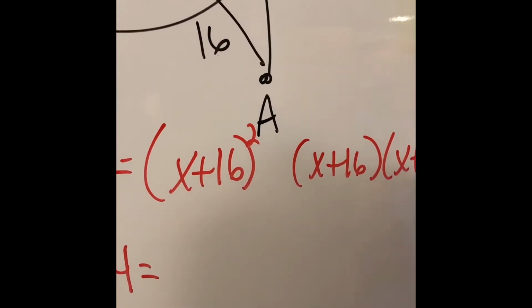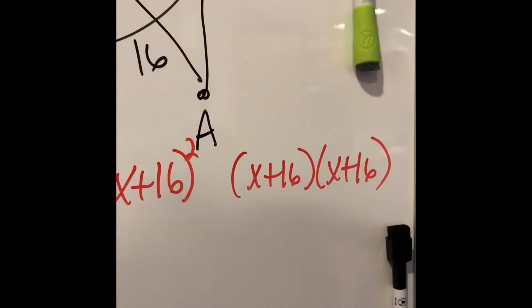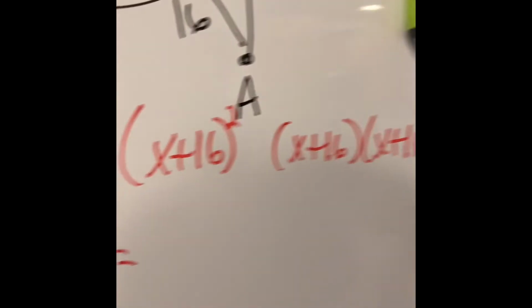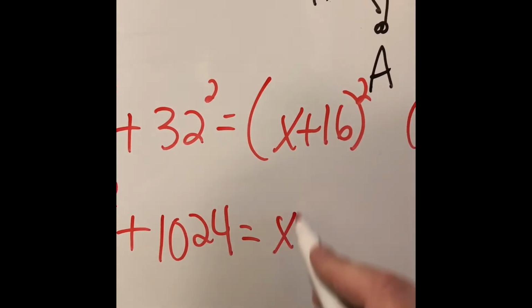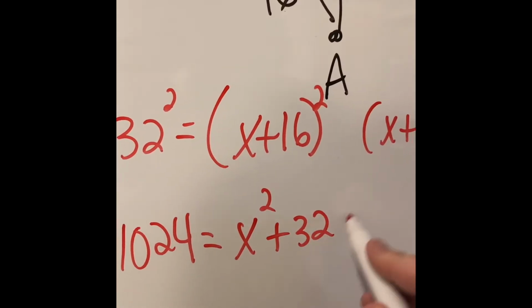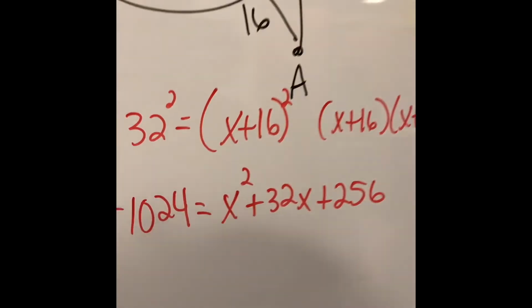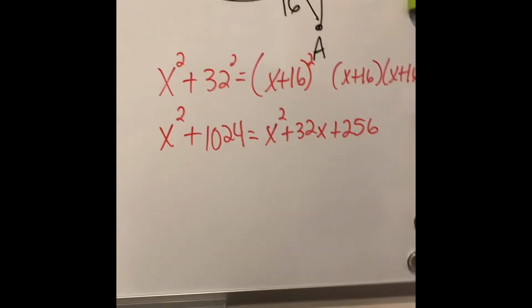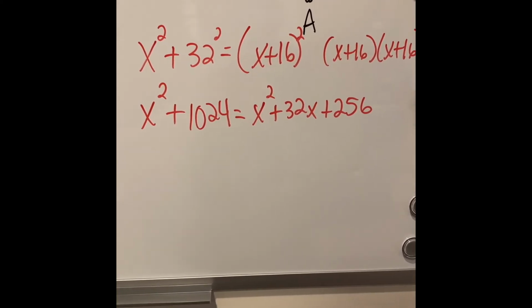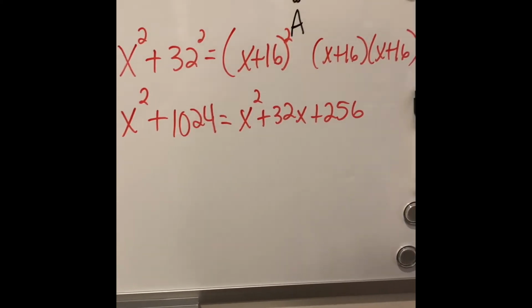Remember, it's x plus 16 times x plus 16. So we're going to FOIL. We're going to say x squared plus 32x plus 256. Now you're looking at it and you're saying, okay, I got x squared plus 1024 equals x squared plus 32x plus 256.